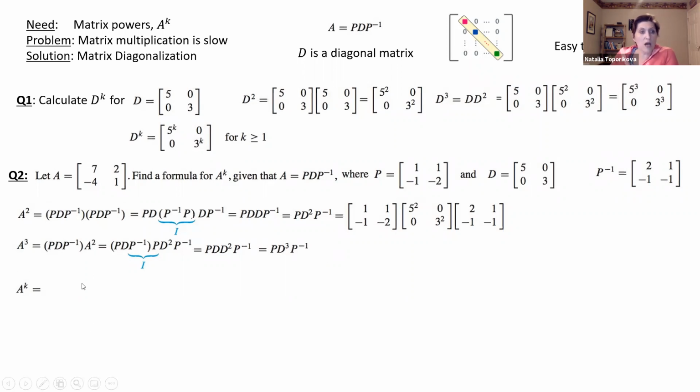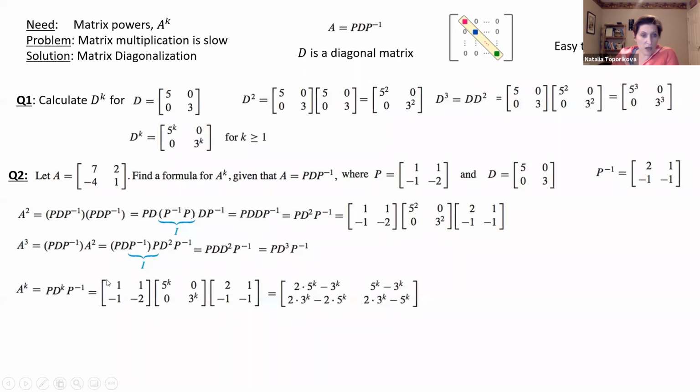So let's write down an expression for matrix A to the power K. Again, we start by writing matrix P multiplied by our diagonal matrix D to the power K and multiplied again by the inverse of matrix P. And here are all three matrices.